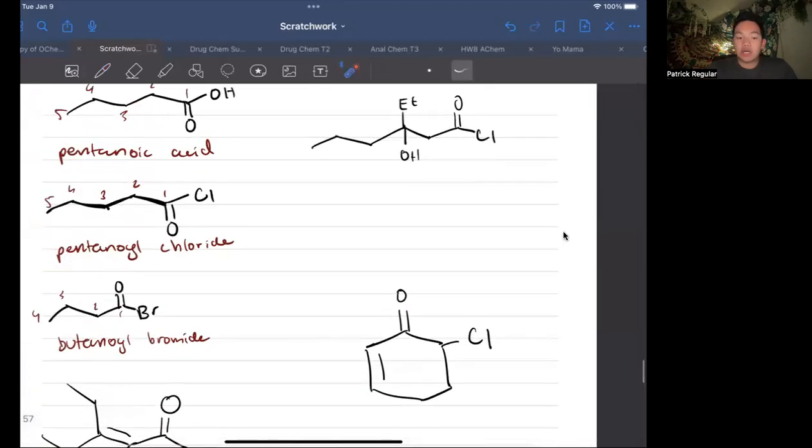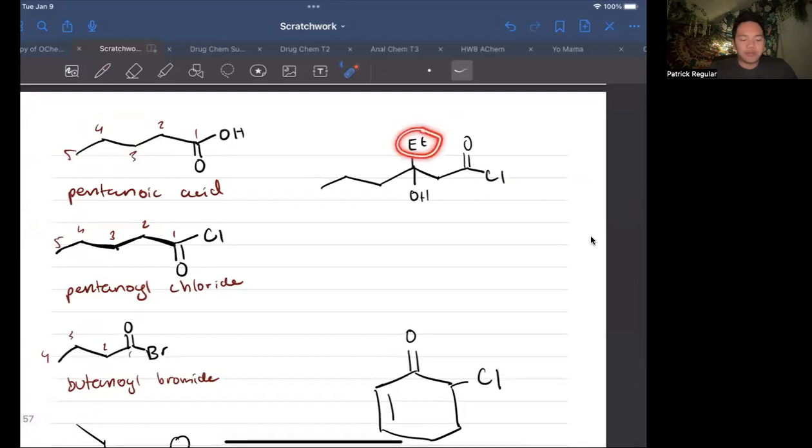So let's try to combine a little bit. Say we have an acyl chloride as the priority group. Between an ethyl group, which is a branch, an OH group, which is a priority group, and the acyl chloride, the acyl chloride takes priority. So if I know that, 1, 2, 3, 4, 5, 6. I have a 3-ethyl and a 3-hydroxy.